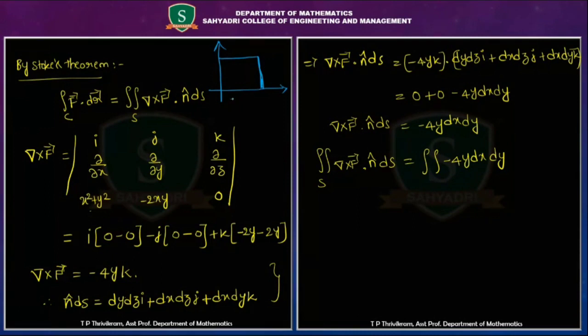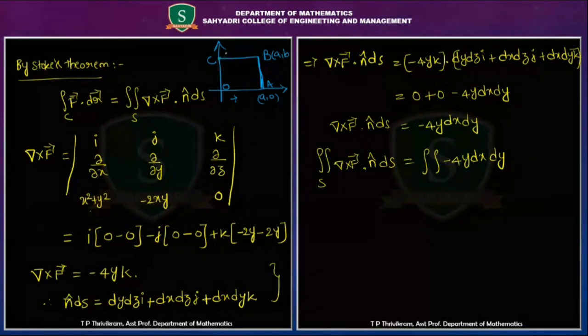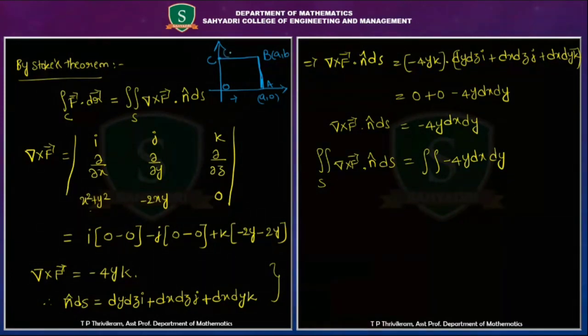So this line is nothing but a comma 0 here, this point, this is a, this is o, and this is b, and this is c. Okay, here the point is a comma b, and here the point is a comma 0. Okay, sorry, 0 comma b here, 0 comma 0 here.